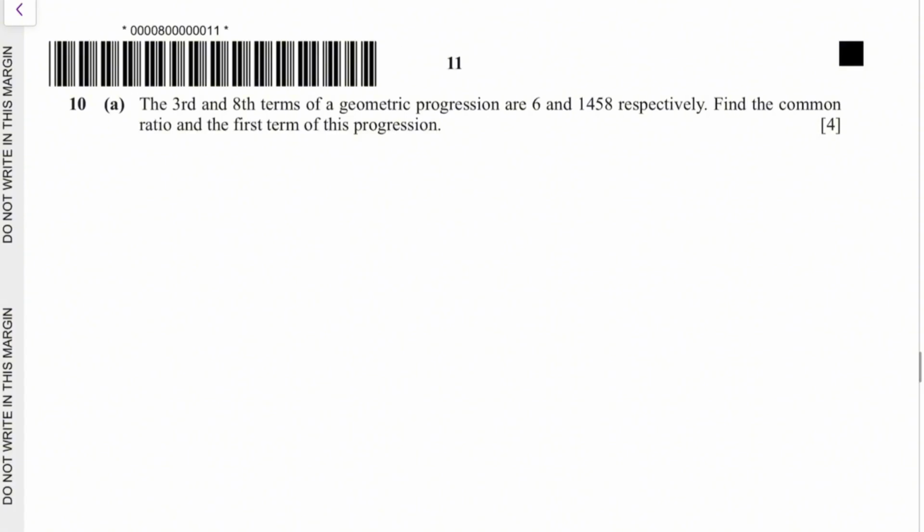Okay. Next question, number 10. The third and eighth terms of a geometric progression are 6 and 1458 respectively. Find the common ratio and first term of this progression. So this is a geometric progression which is not moving by common difference. Instead, it's a ratio. Okay, maybe we can write it down. So U3 is 6, and then U8 is 1458.